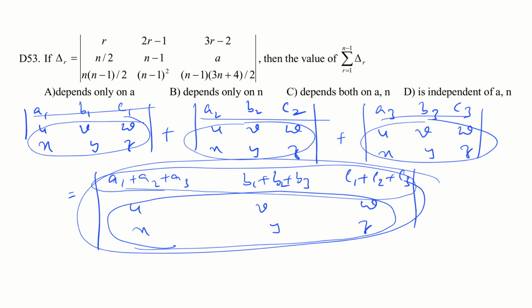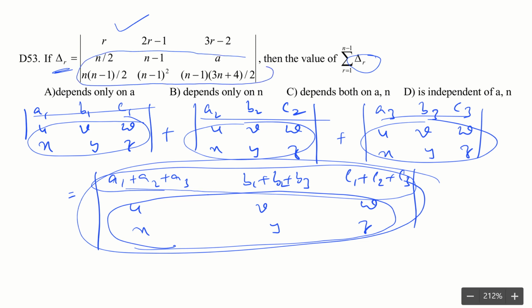So observe that it is the same concept I have to apply over here. Observe that in every determinant over here, delta R, whatever the R value is, as R is not there in the last two rows, these two rows are going to be fixed. Only the elements of the first row are going to vary.